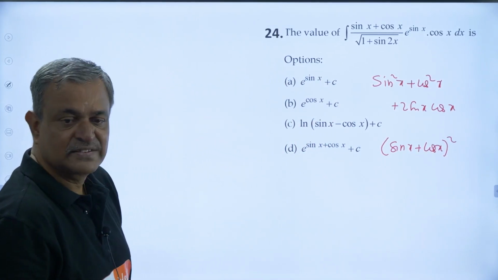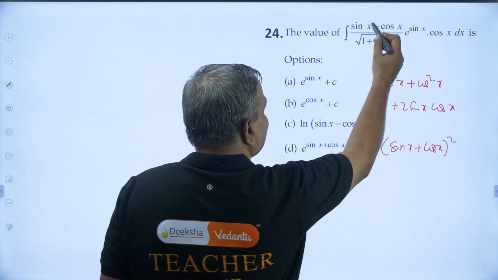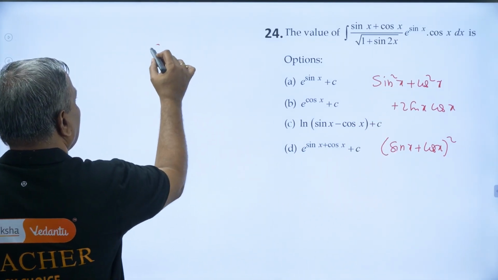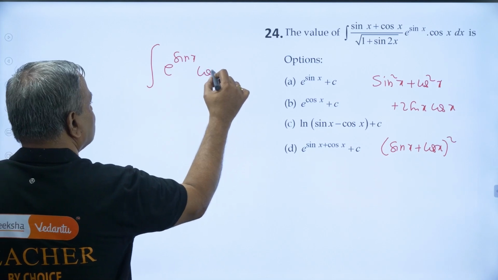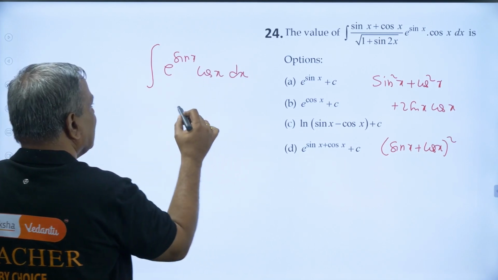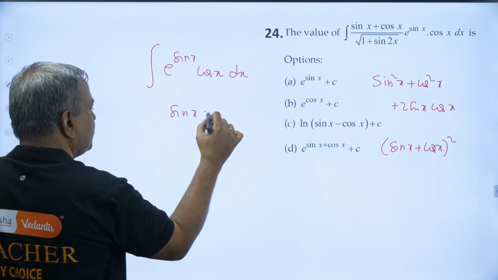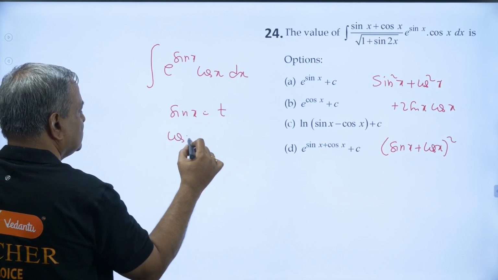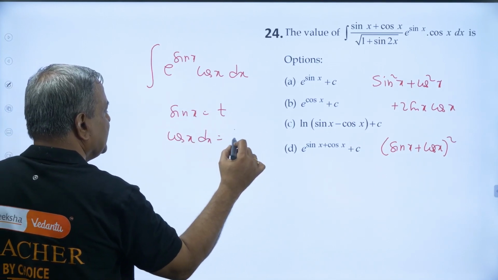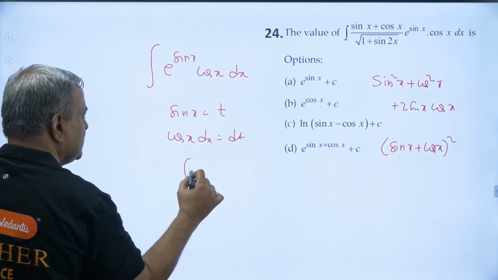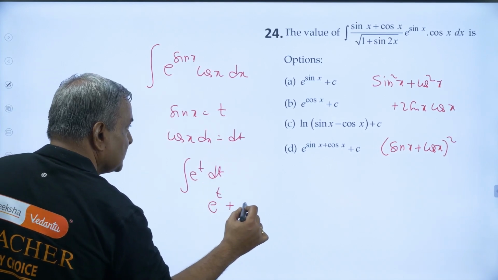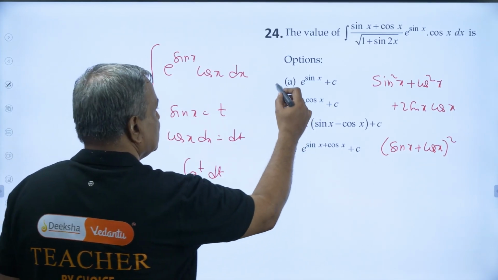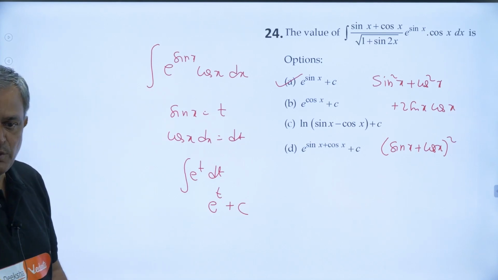Nothing is given about modulus, so these two will cancel. What is left over? e to the power sin x cos x dx. Sin x is equal to t, cos x dx is equal to dt. So we get e to the power t dt, which is equal to e to the power t plus c, e to the power sin x plus c. Option A.